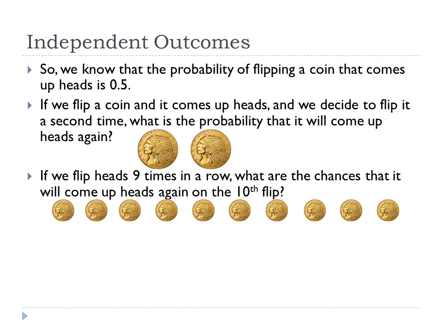In both of these examples, the probability is still 0.5 or 50%, because once that first coin comes up heads, the probability that the second coin comes up heads is still 50-50, because that outcome is independent of the flip before it. Even if you flip 9 heads in a row, right, which is rare, but once you do that, the probability of that coin coming up heads again on that 10th flip is still 50-50, right?